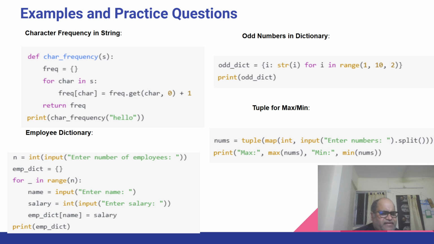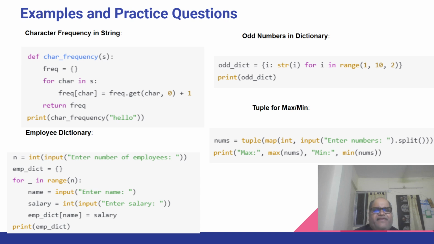Employee dictionary. So you can input the number of employees, you can declare an employee dictionary, and for all i in this range, right? How many numbers? Anyway, we don't need to care, so that's why we are ignoring it. You can ask for name, you can ask for salary, convert into int, and then you can store with this name the salary that you have.